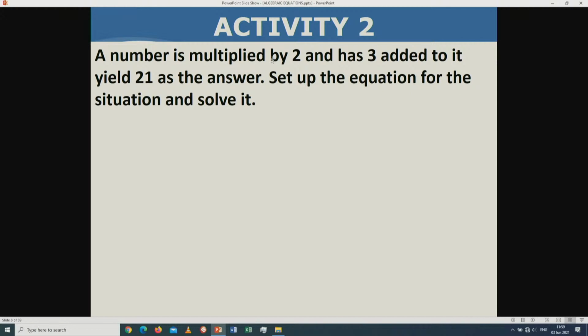When that number is multiplied by 2 and 3 is added to the product, then the answer will be 21. So now we need to set up the equation for the situation and solve that equation. That is one of the objectives.